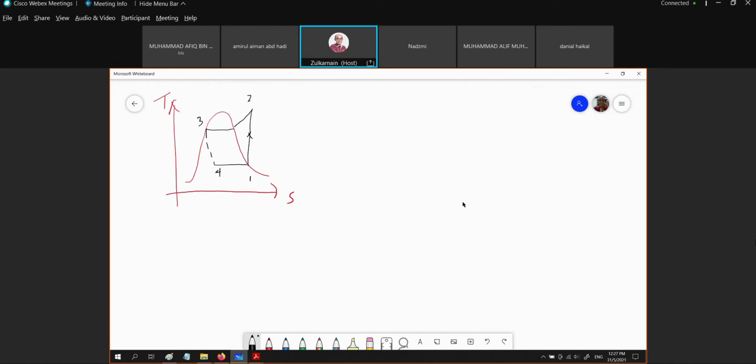If I sketch on a pH diagram, this is P, this is H, this is our saturation line. Okay, this is our pressure level.